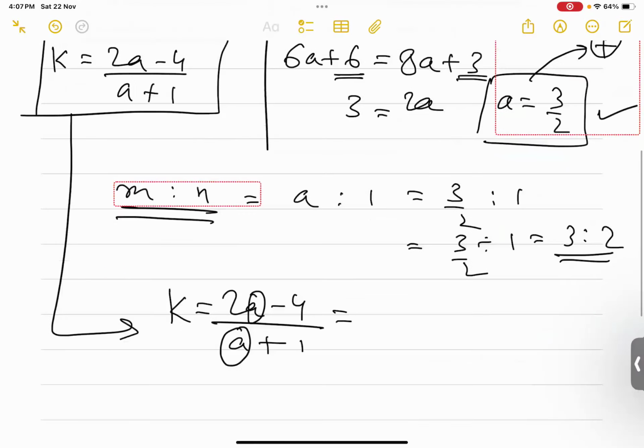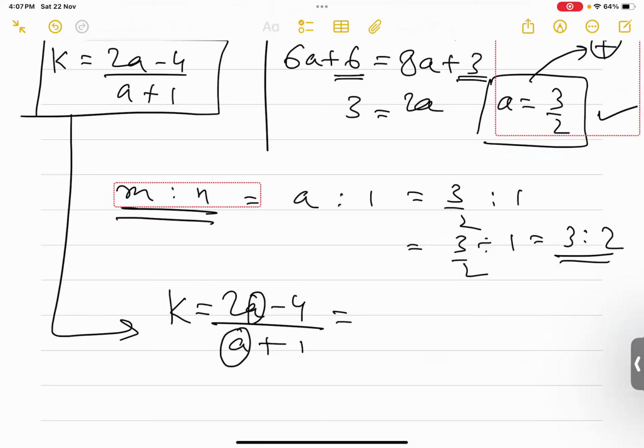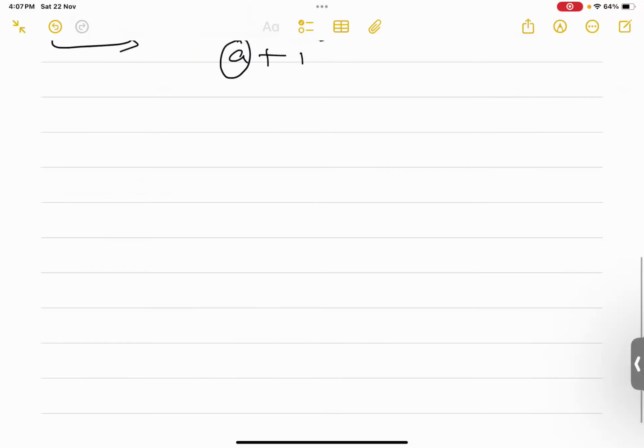Okay, and then the next part. Next concept, that is incenter.